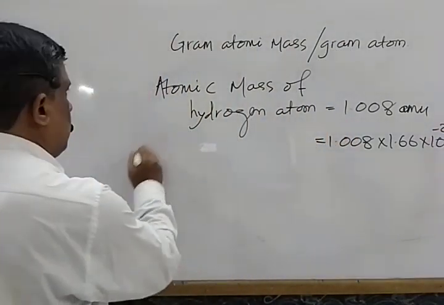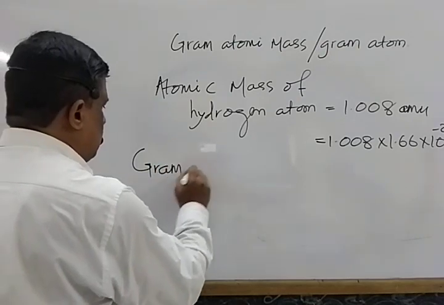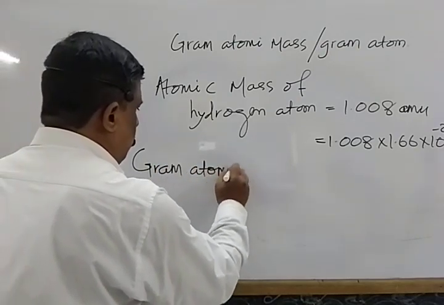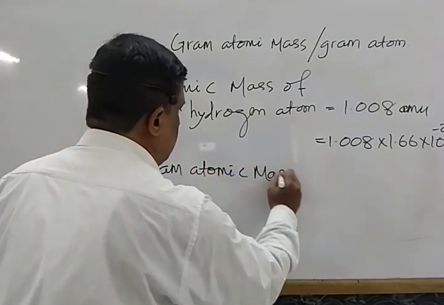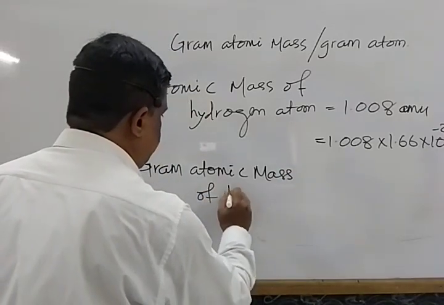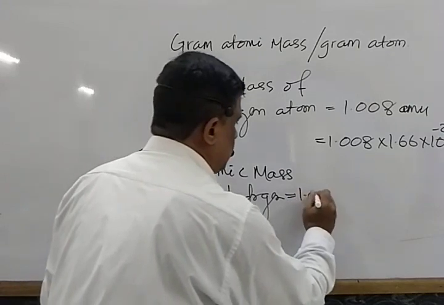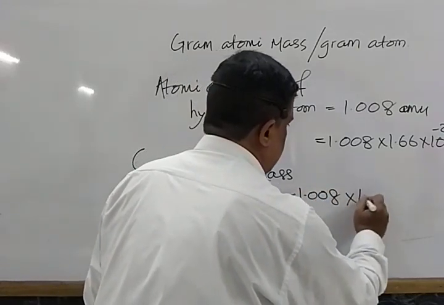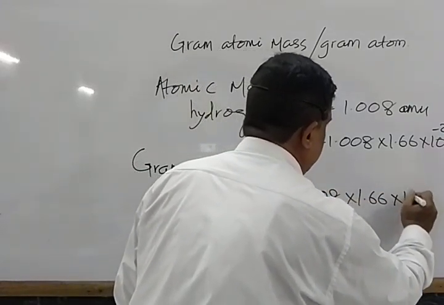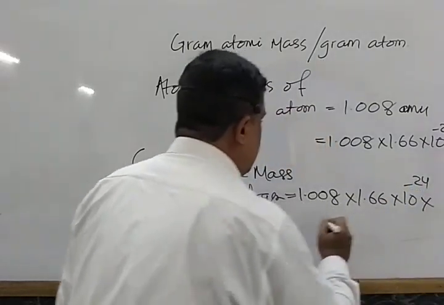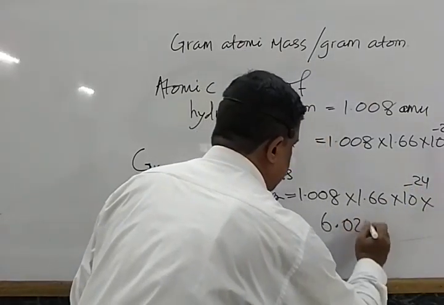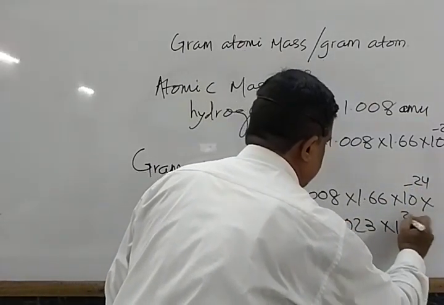But gram atomic mass of hydrogen is equal to 1.008 into 1.66 into 10 to the power minus 24 into Avogadro number, that is 6.023 into 10 to the power 23.